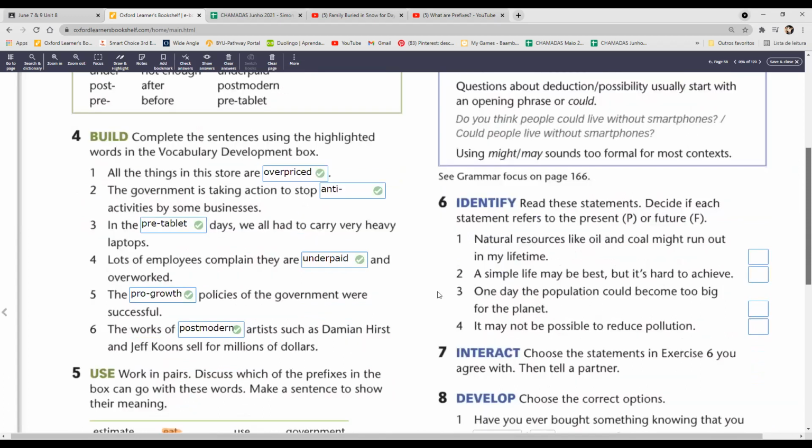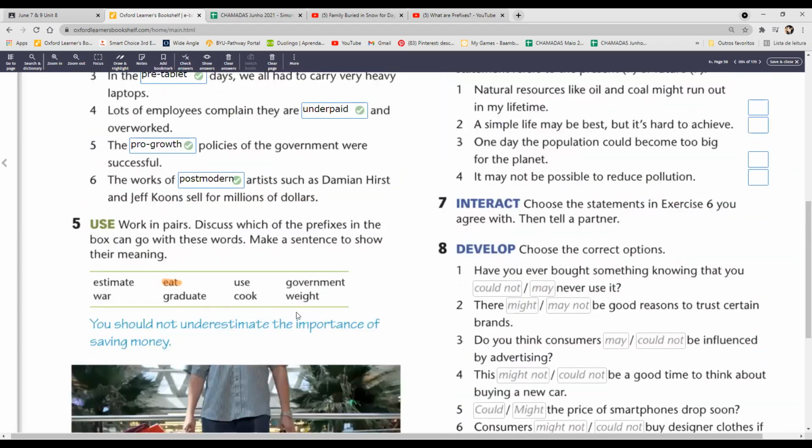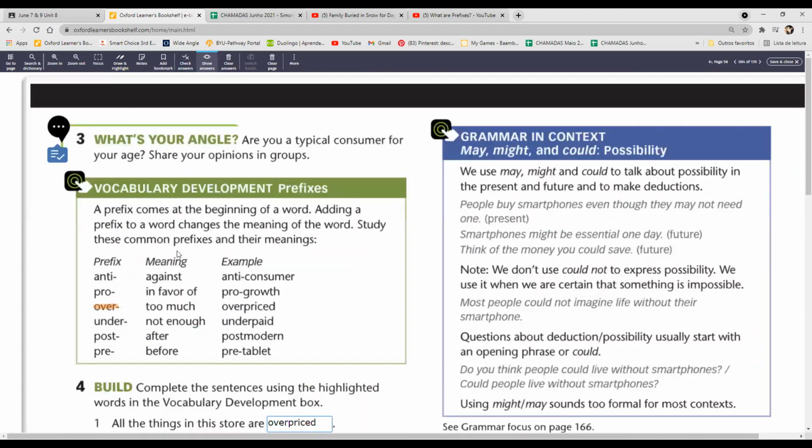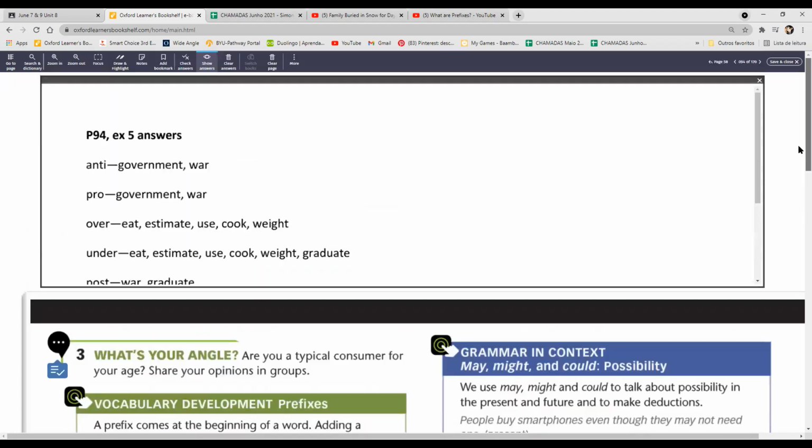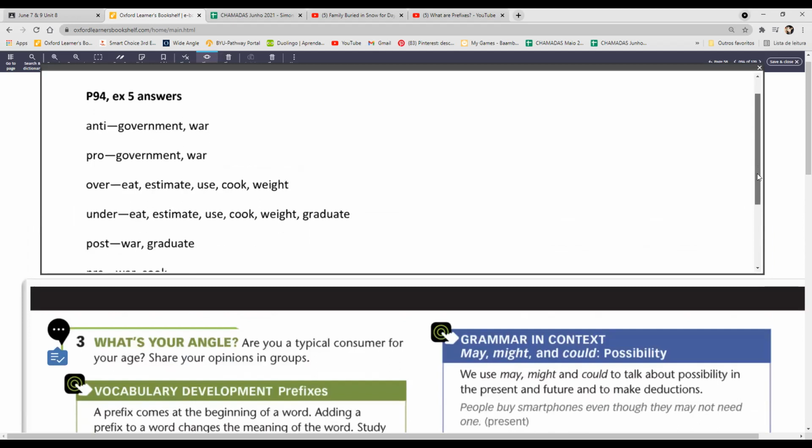Anyway, let's see the answers to the other ones, guys. We don't need to stay here for too long trying to find the prefixes. So let's see the answers and then you just take notes, okay? It's easier for you to study. Let's see all the possibilities.